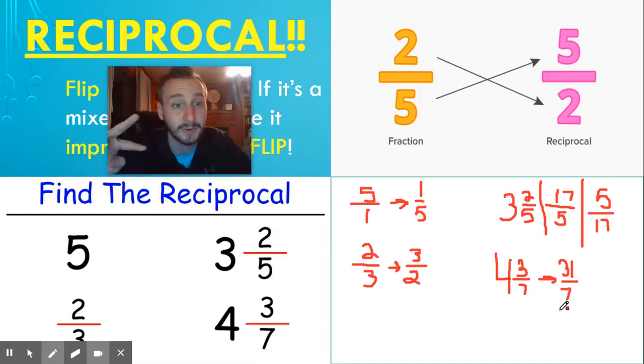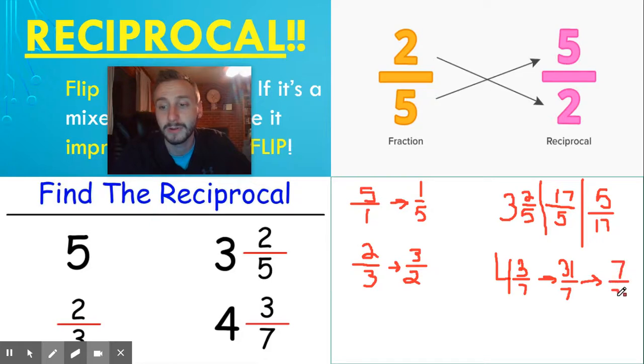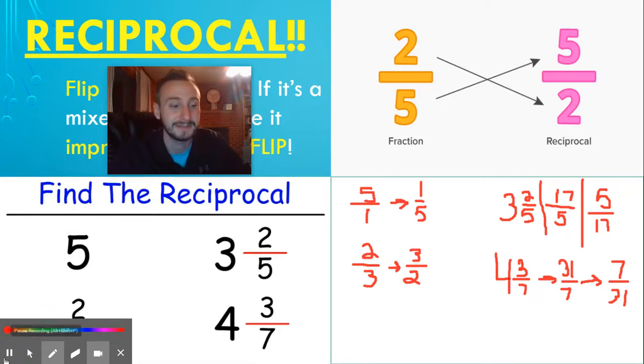Now what's the reciprocal? Flip it. The reciprocal is 7/31. That's it. So whenever I say what's the reciprocal of a number, you just flip it, and that's what you do. Okay, so keep that in mind because we're going to use this inside dividing fractions next.